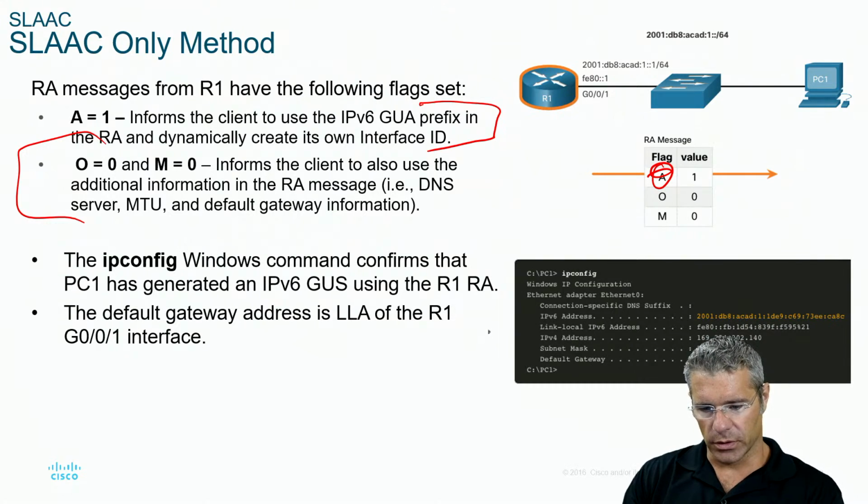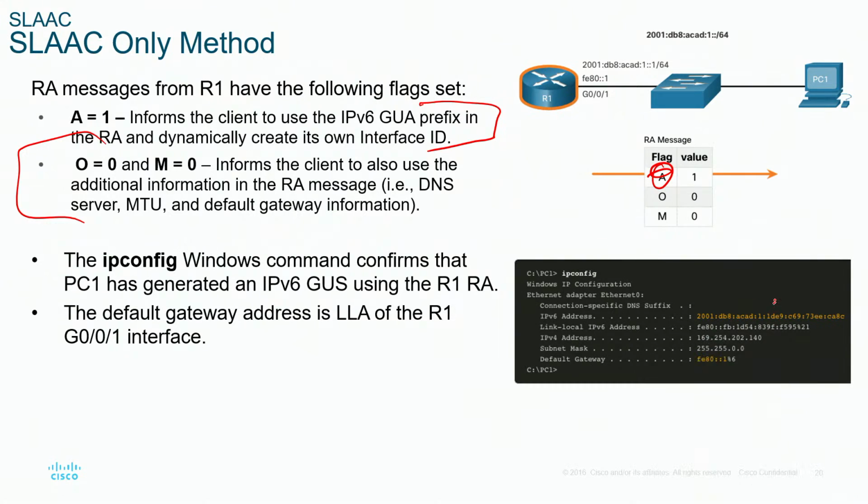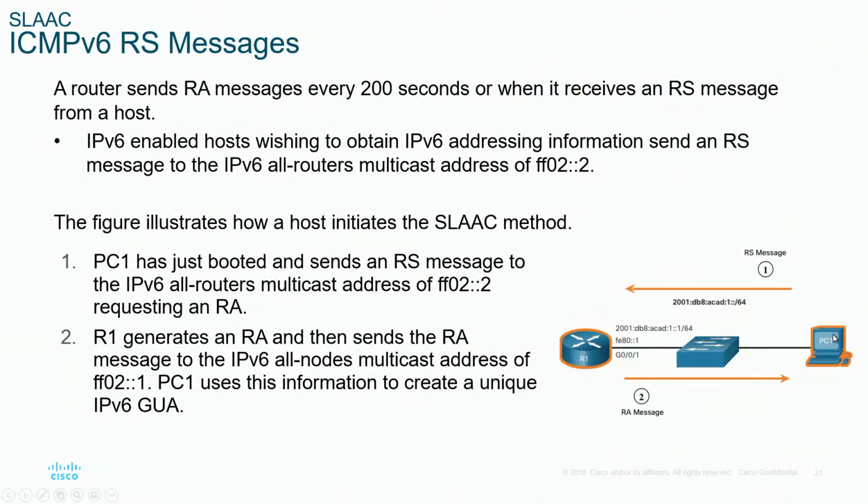Here we've run Windows ipconfig. We've got our IPv6 address. We've figured out our default gateway, the local address for that bad boy. And we're off and running. Now PC1 has basically set itself up.